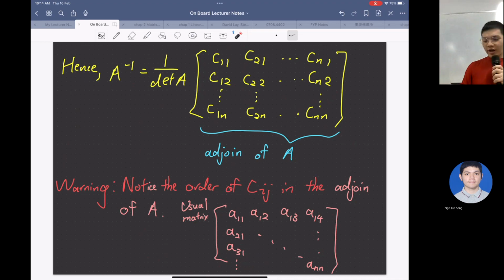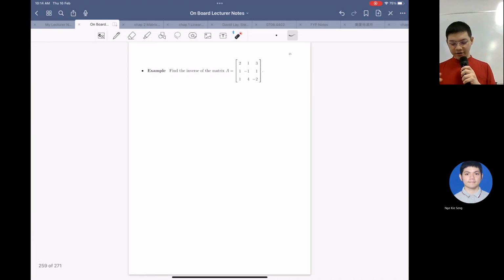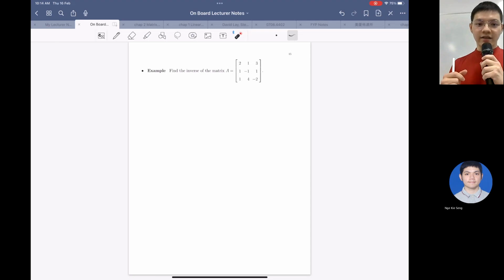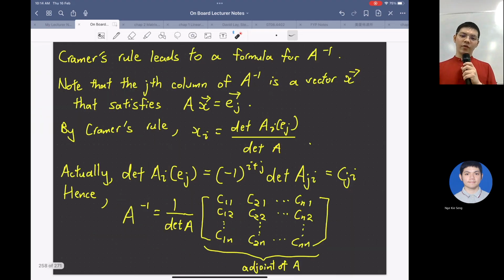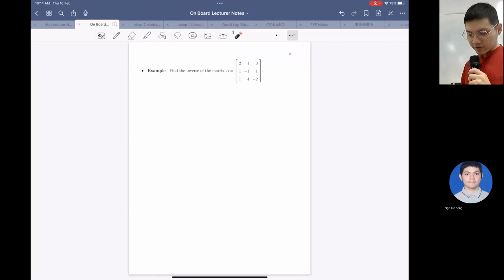Okay, how about we use this formula here to find the inverse of this matrix? I hope it's not too difficult this time round. Let's do it together.